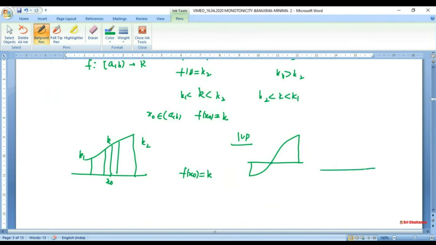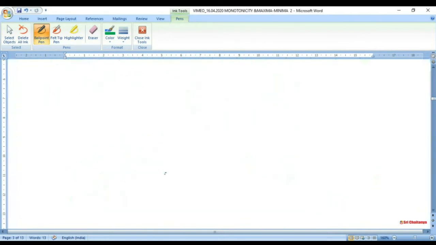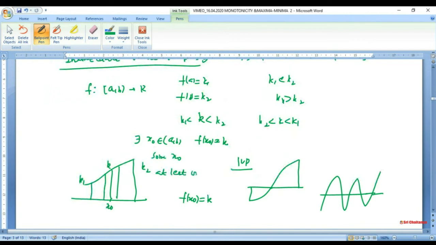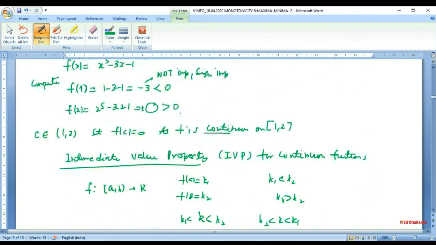The theorem just commits that there exists some x naught, at least one x naught. So we say that every continuous function enjoys IVP.